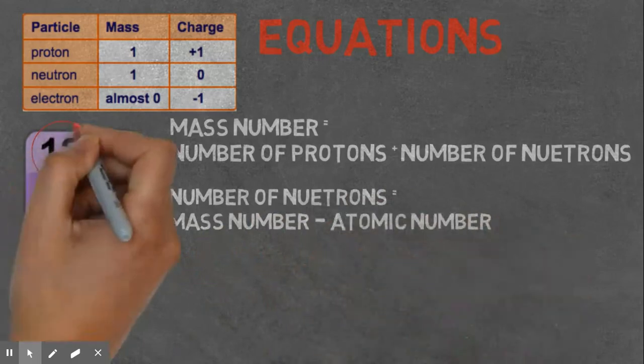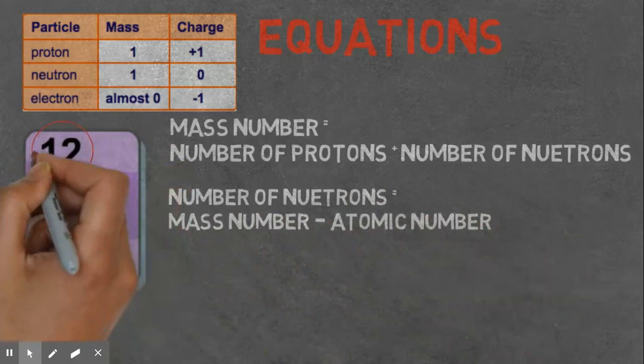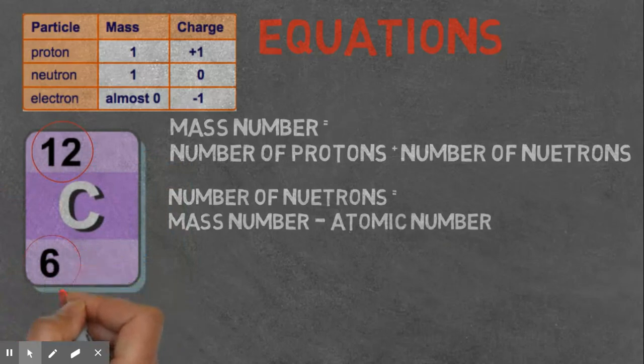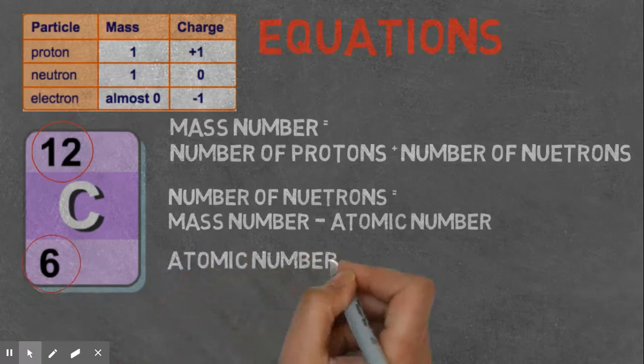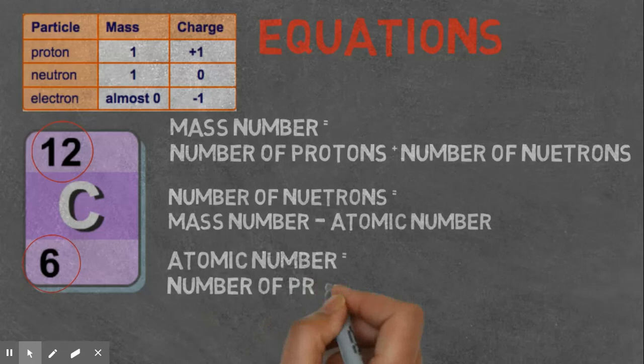Well, we can subtract the atomic number from the mass number. So carbon has a mass number of 12, we take 6, and that means we get 6. This means that carbon has 6 neutrons. And like we said before, the atomic number is the number of protons in an atom.